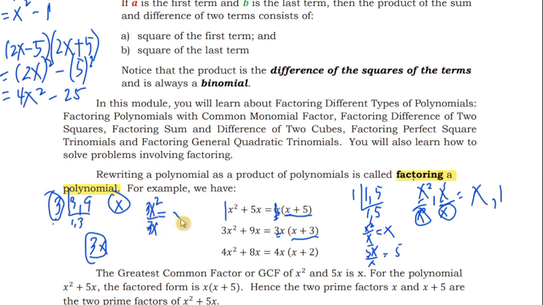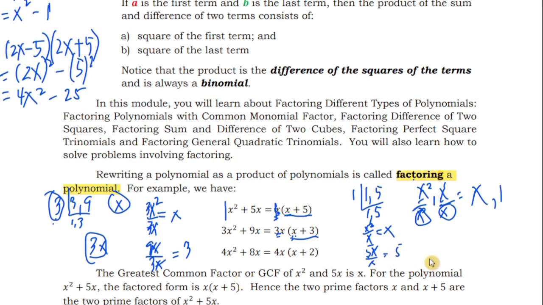What is remaining now is x. Then copy the 9x, divide by the product here, which is 3x. So we have 9 divided by 3, and that is 3. Cancel the x. So the second factor that we have now is x plus 3.